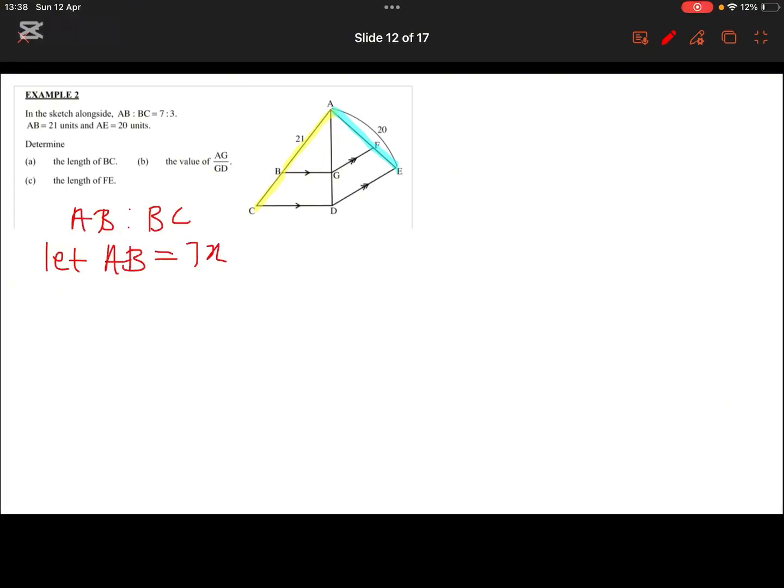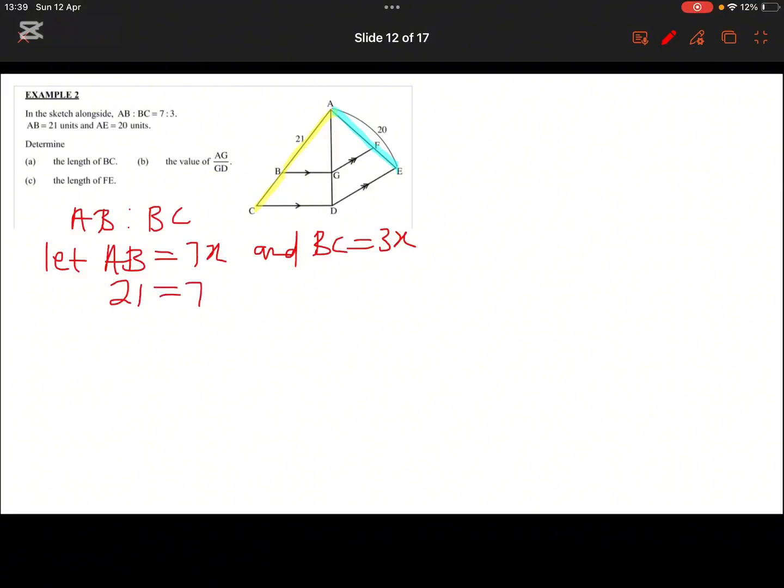But in this case, for AB we know the actual distance, that is 21. And BC will be 3x. We don't know what the value of x is, but when we multiply x by the number, it will give us a distance.